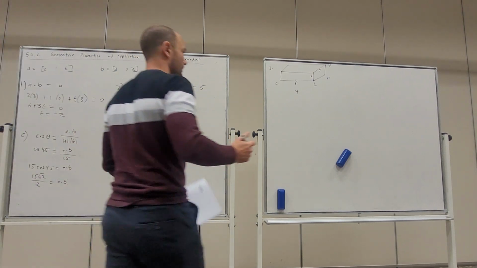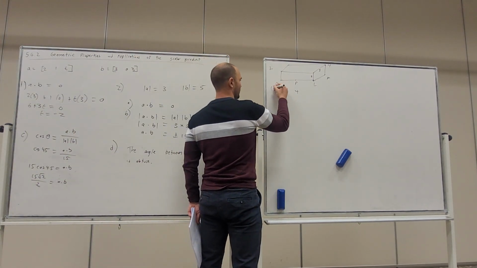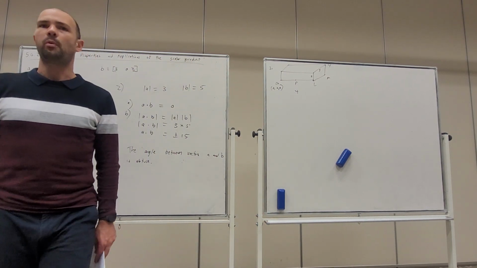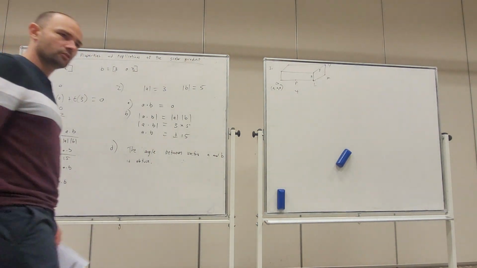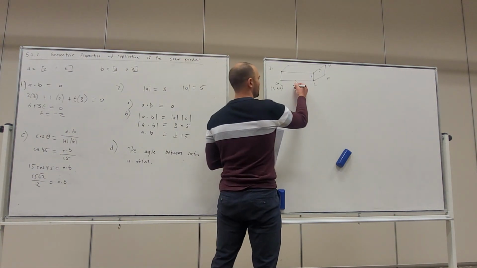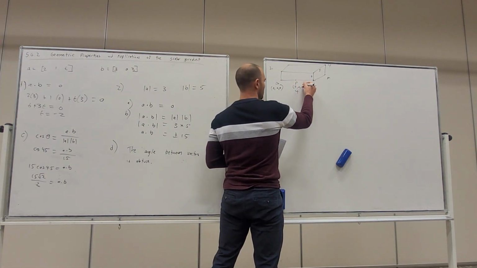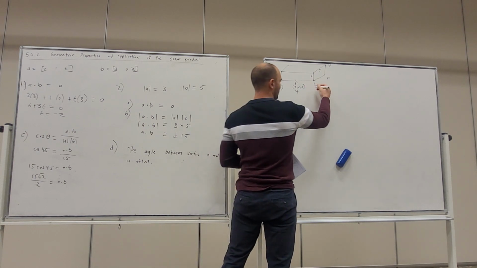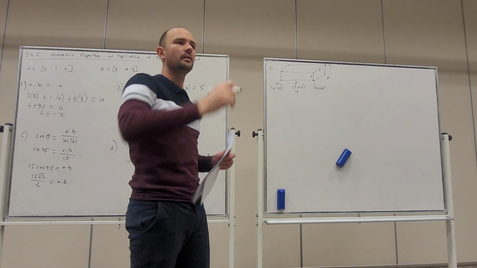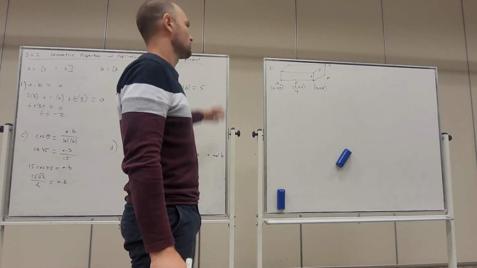So we can declare point O as the origin, the point of origin, right? 0, 0, 0. Now, point P, all we've done to transform to point P is gone across 2 units. So the coordinates of P are going to be 2, 0, 0. And for L, we've gone across 4 units, 4, 0, 0. We haven't gone up or down, and we haven't gone in or out of the page.